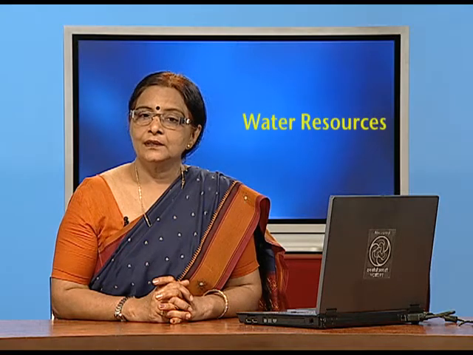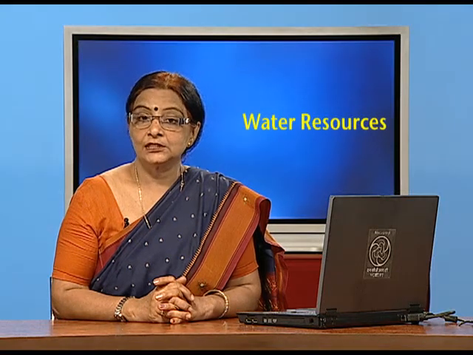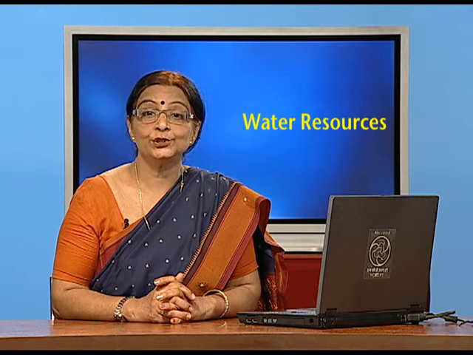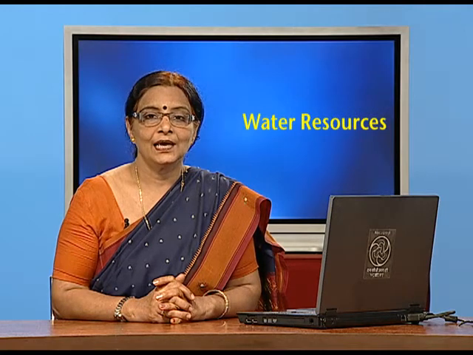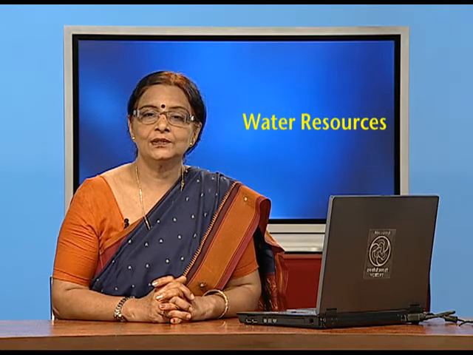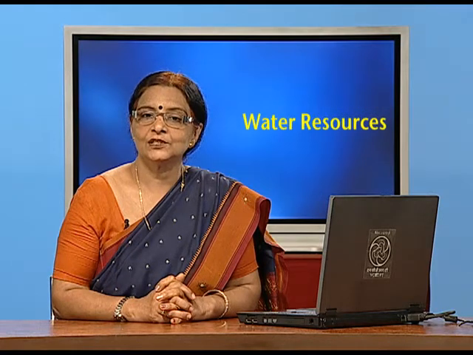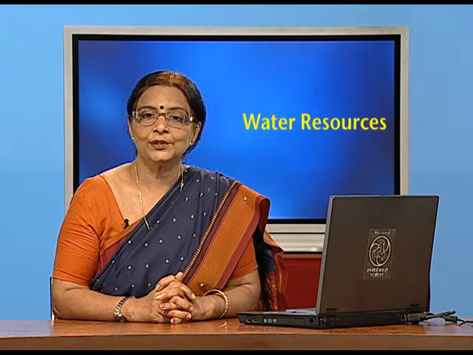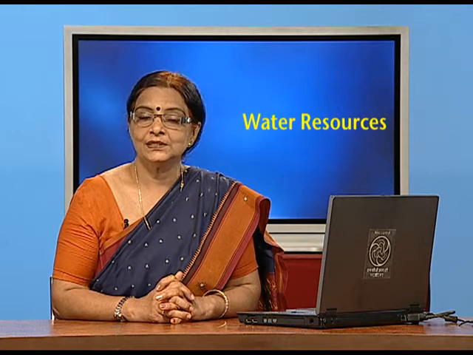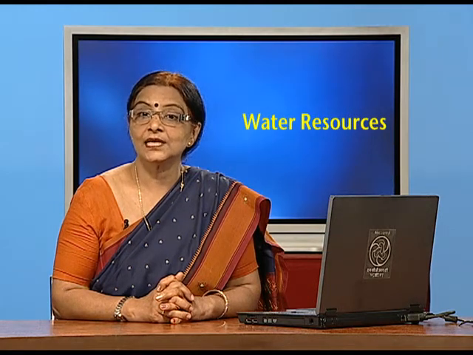Now, dear children, we are going to take up the factors that affect the distribution of groundwater. As I have just now told you, groundwater is the one which percolates through the joints and the cracks. So that means all the areas are not the same.